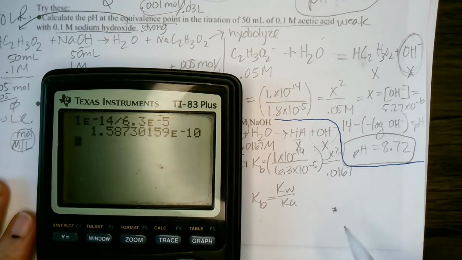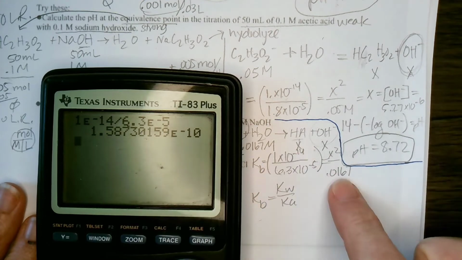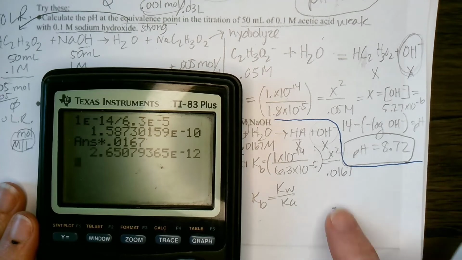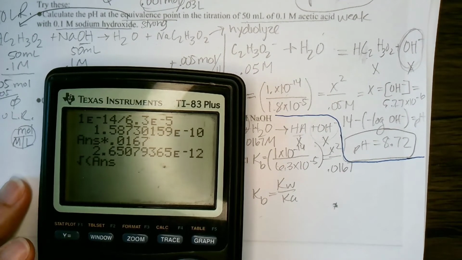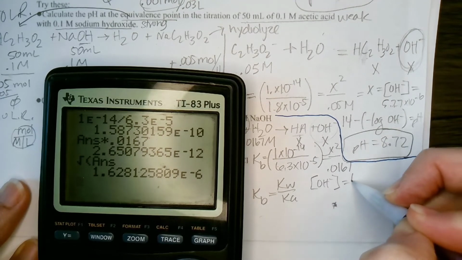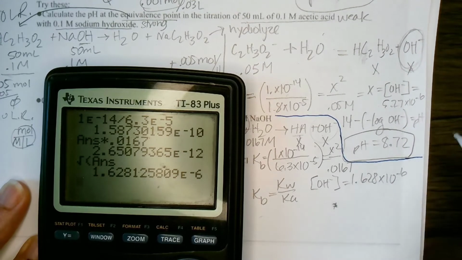That gives me my Kb. So that times 0.0167 is equal to x squared. Let's square root my answer, and I get an OH concentration of 1.628 times 10 to the negative 6.